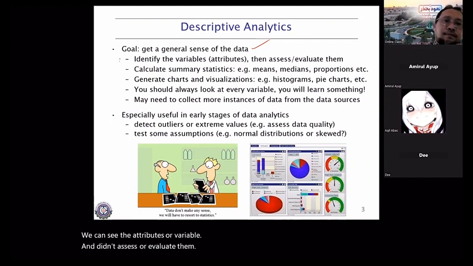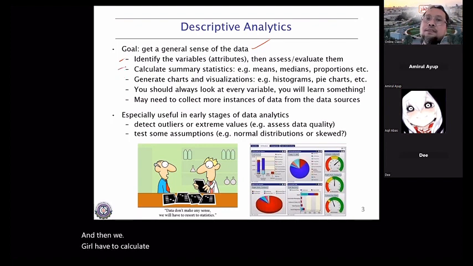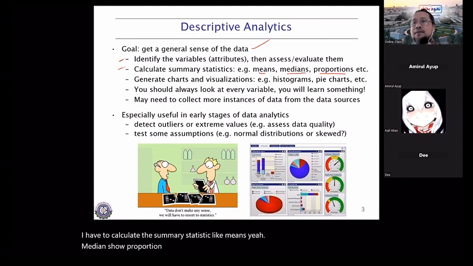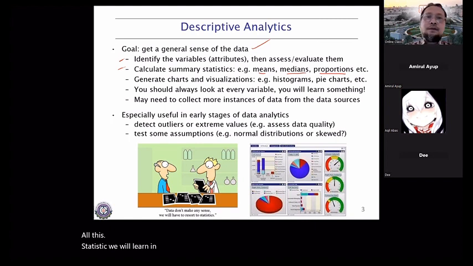And then we have to calculate the summary statistics, like means, medians, proportion, mode, standard deviation, variance. All these statistics we will learn in this lesson. And then generate charts or visualizations, like histogram, pie chart, bar chart, and so on.